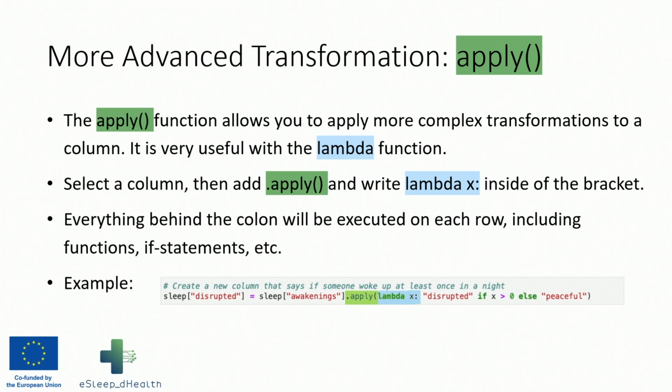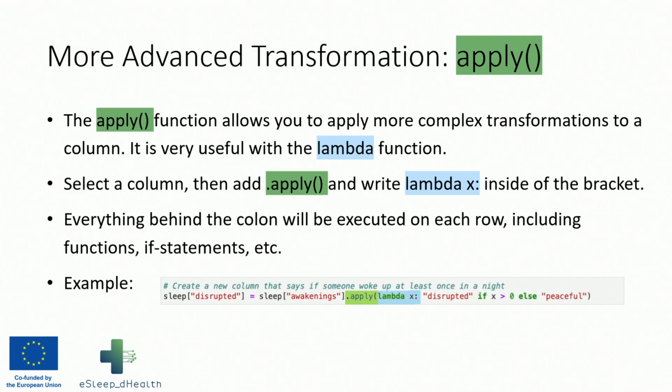There's one more advanced transformation which can be very useful. It's the apply function. It helps you to define a function within this function which will be applied to every row in the data frame.